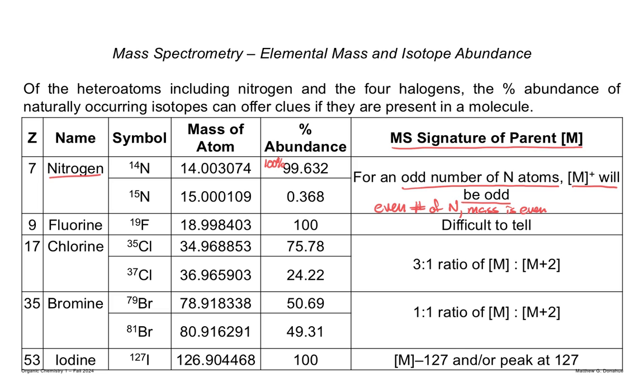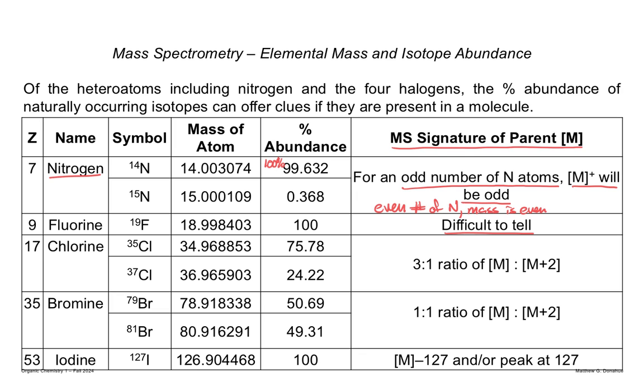Fluorine 19 is 100% abundant. This one is kind of difficult to tell, just because you're going to get an even mass when you include fluorine in a molecular formula. So fluorine's a little bit tough.